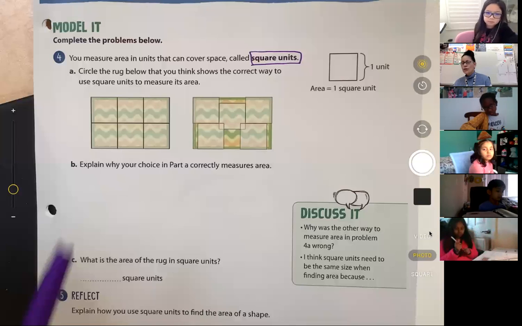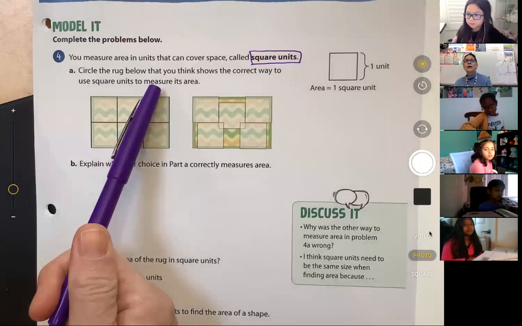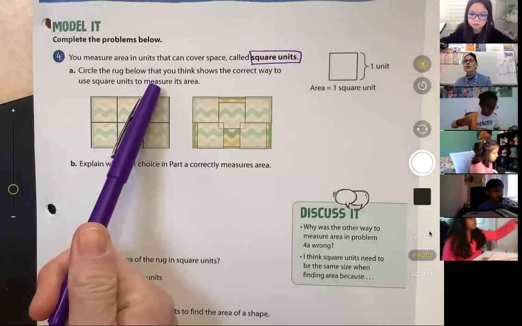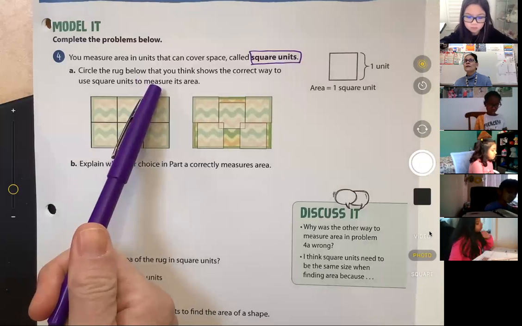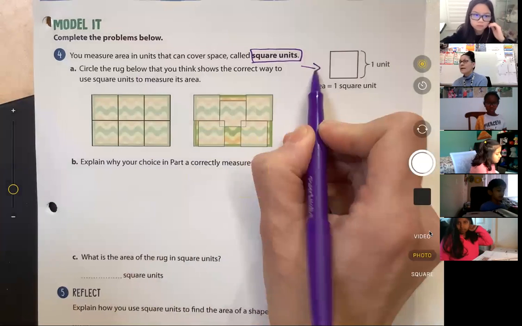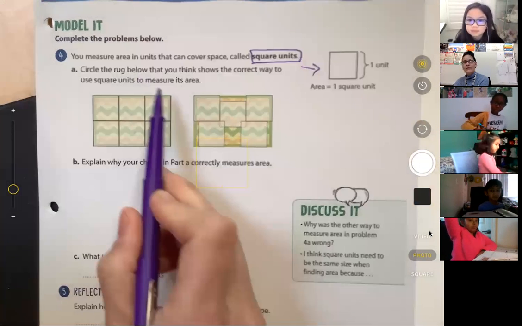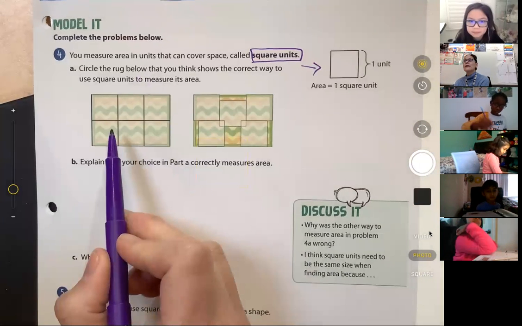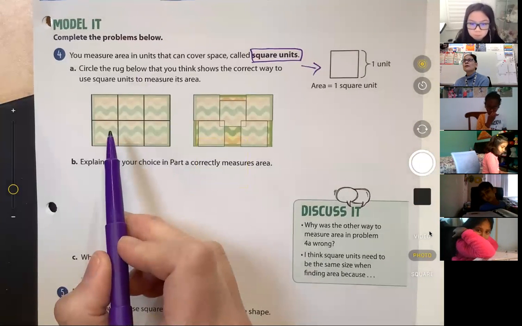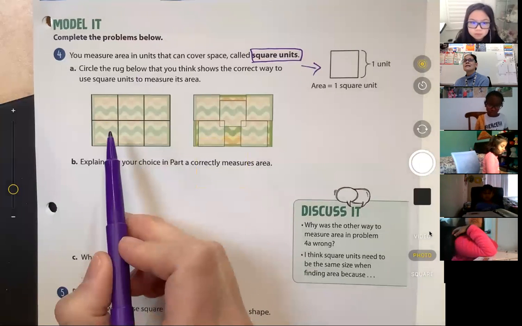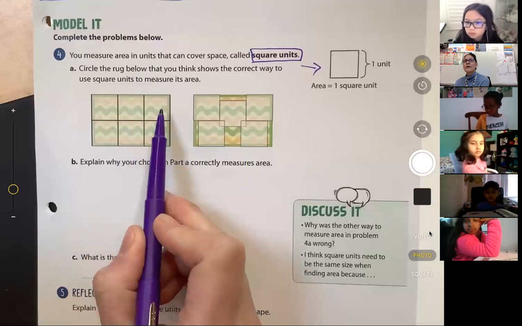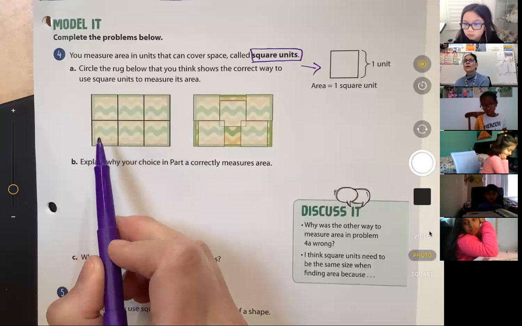It says to circle the rug below that you think shows the correct way to use square units to measure its area. So, keeping in mind what we've learned so far, here we have a rug with some tiles on top of it, right? It's beautiful, it's neat. We can clearly see the number of square units that we're working with.